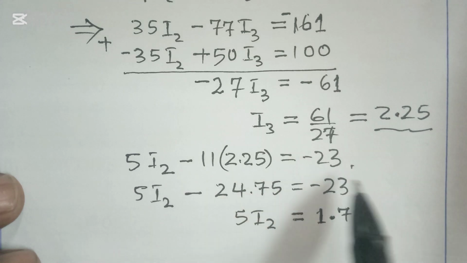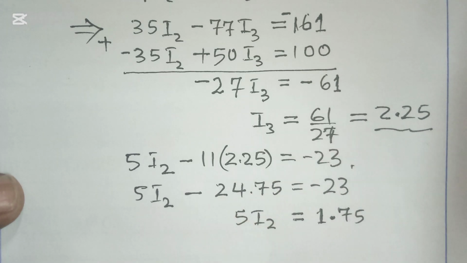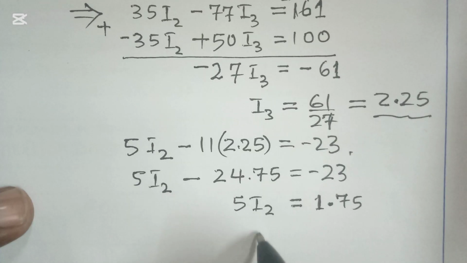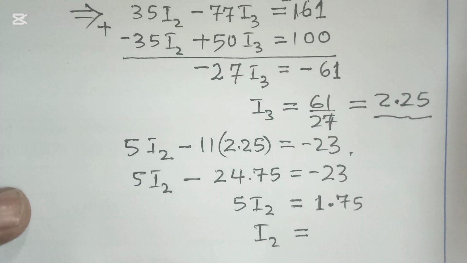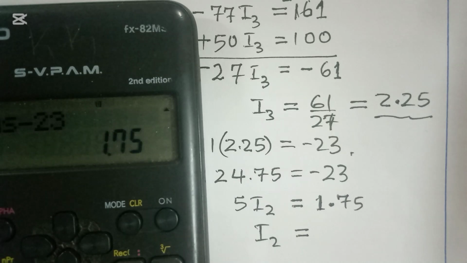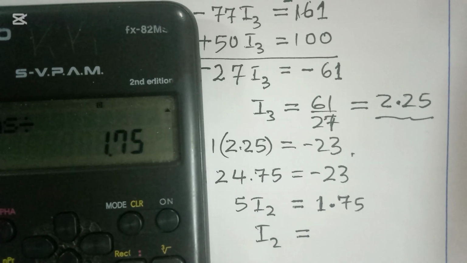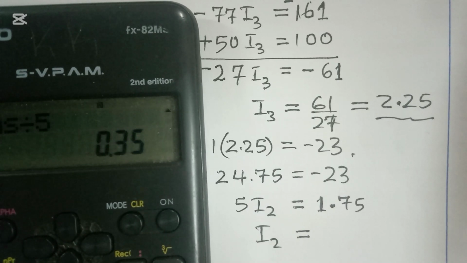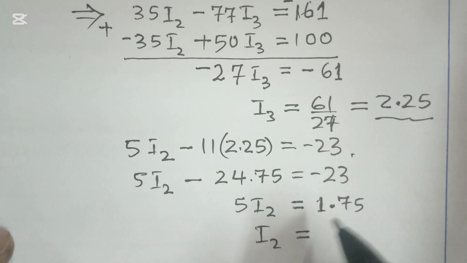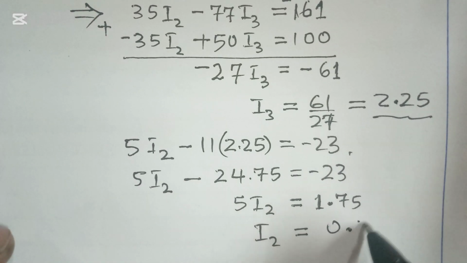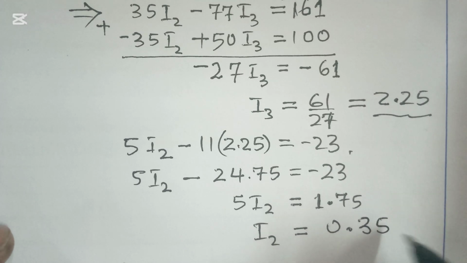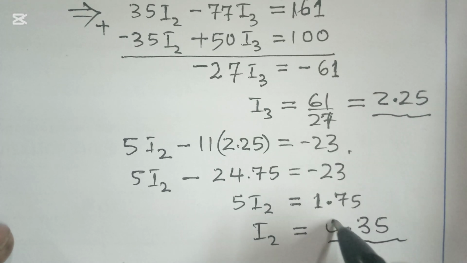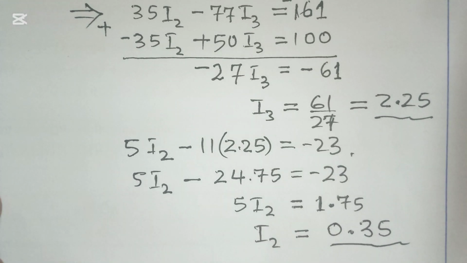And so our I2 is going to be 1.75 divided by 5. So this gives us 0.35. So that is our I2.